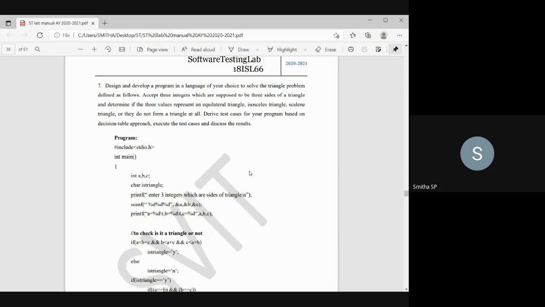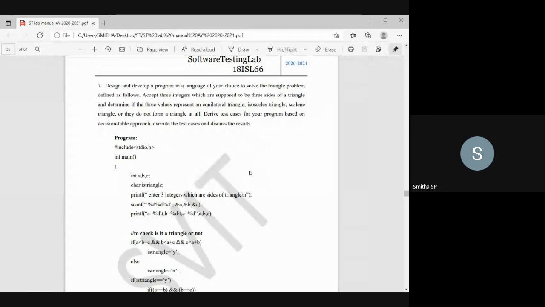Design and develop a program in a language of your choice to accept the three integers which are supposed to be the three sides of a triangle, and determine if the three values represent an equilateral triangle, isosceles triangle, scalene triangle, or they do not form a triangle at all.